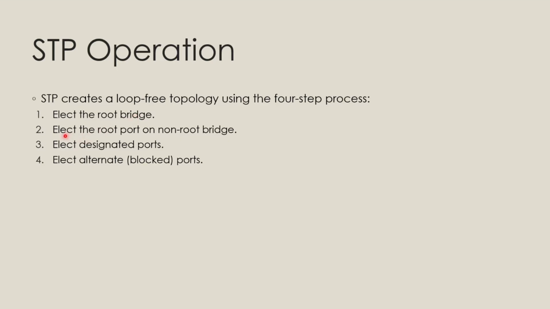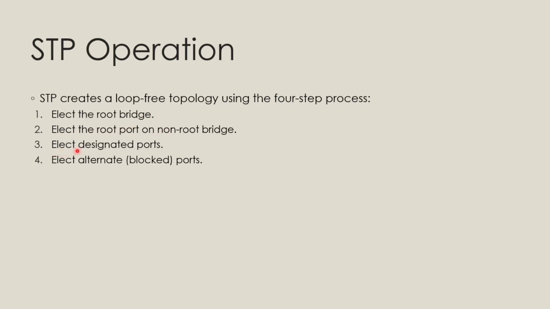Second step, all the non-root bridges will elect a root port, which is the port closest to the root bridge. Step 3, the switch will elect designated ports. Then finally, step 4, elect the blocked port.